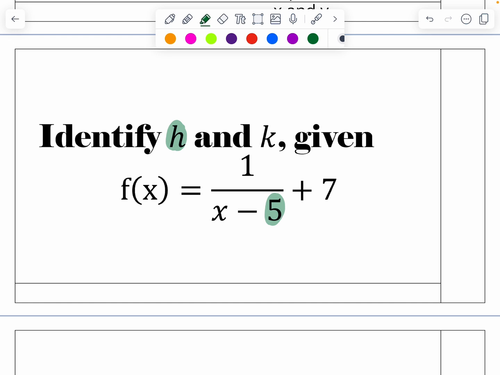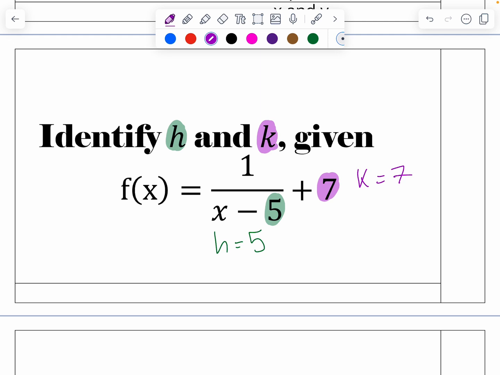But what is important to know, per usual with x's being weird, is that their signs will flip. So h in this case is positive 5, not the negative 5 that's down here. But k acts normal, because y's are usually normal. So k is 7, and that's all there is to it.